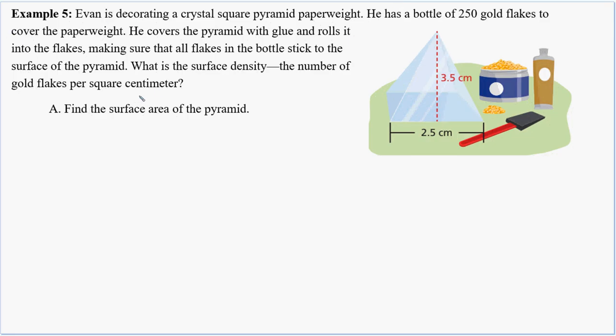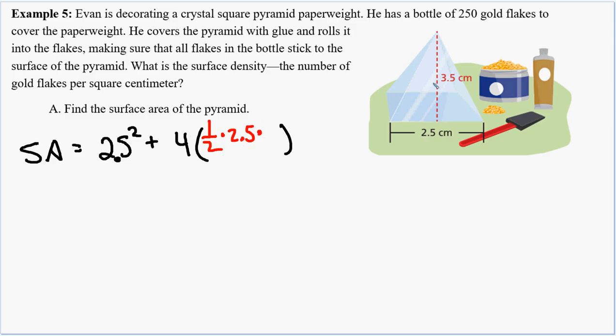Square pyramid paperweight. So our surface area is going to equal base squared. Here's our base side, that's 2.5. So we're going to have 2.5 squared plus, we're going to have 4 triangles. And our triangles are 1/2 times the base 2.5 times the lateral length there, 3.5.